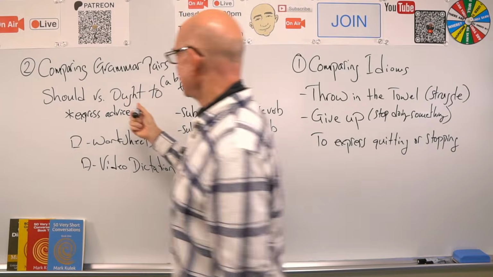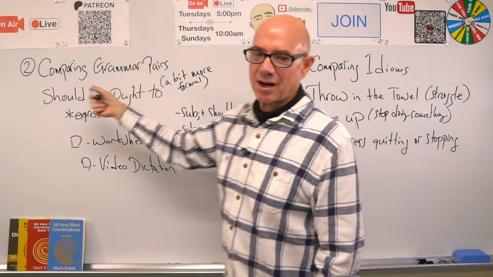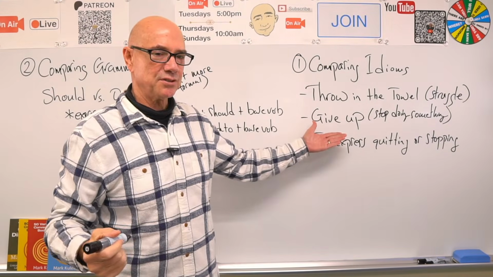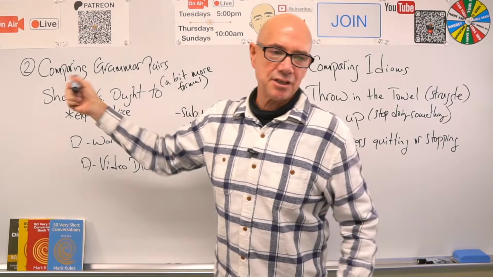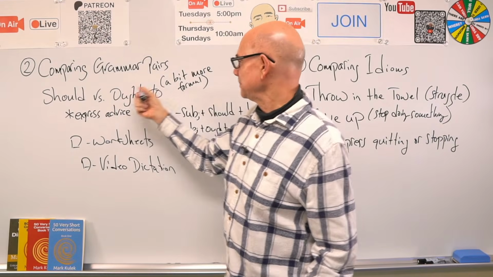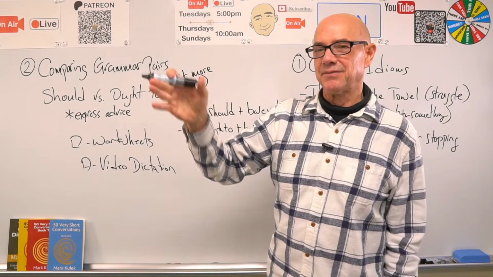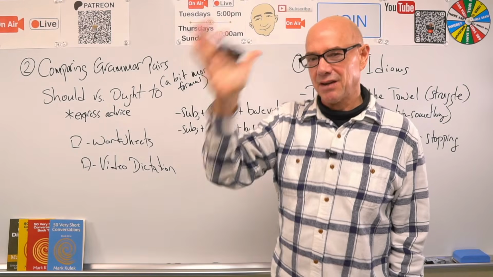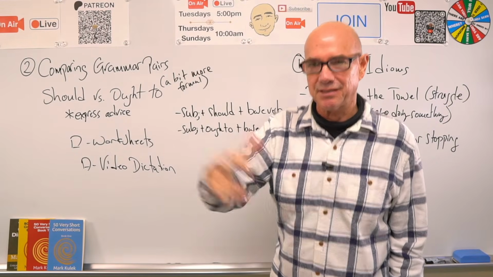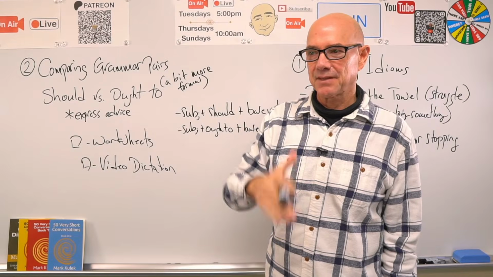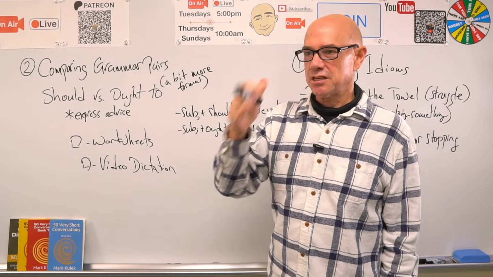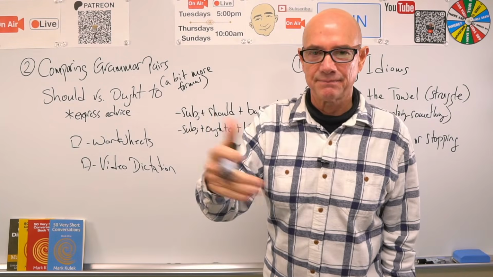Right, and again, should is used more often, right? Give up is used more often. Should is used more often. Ought to is a little more formal, a little more emphasis on advice, right? You ought to say sorry to your mother, right? Where should, you know, we should go now, right?